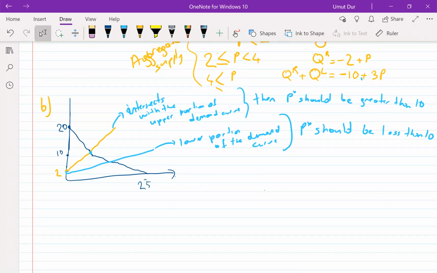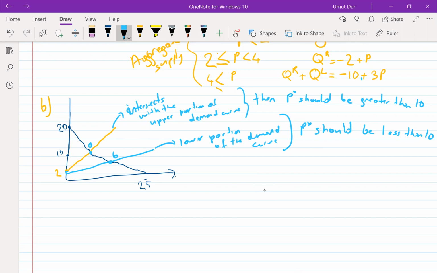Here we are making an assumption, okay? We are not sure whether it's intersecting at point A or at point B. We don't know. So we will check one by one, by equalizing the supply to the first portion of this demand.